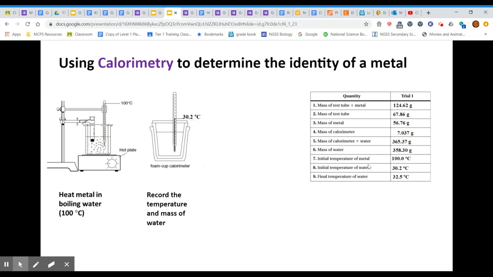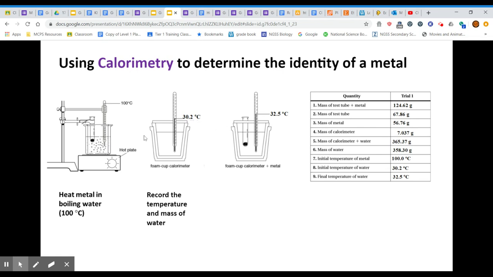The initial temperature of the metal is 100 degrees Celsius because we had already put it in boiling water. The initial temperature of the water was 30.2 degrees Celsius, that is before we added the metal block in the calorimeter.